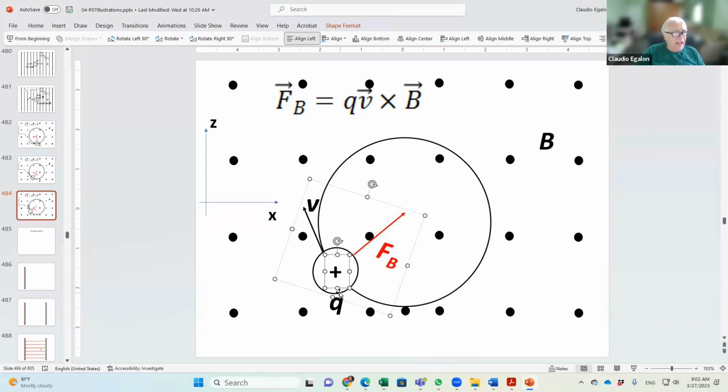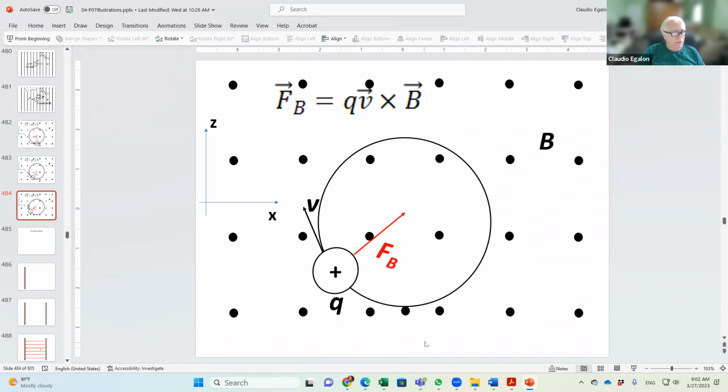If the charge is negative, then the force is going to go the other way. Make sense? If you have a negative charge, then the force is going to be opposite to this one, and the particle will undergo a uniform circular motion in this direction here, in this circle, if the particle were to be negative.